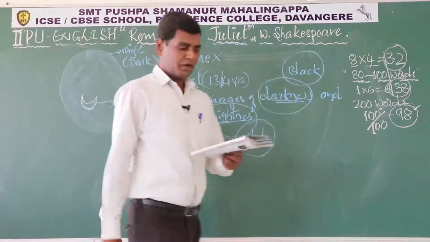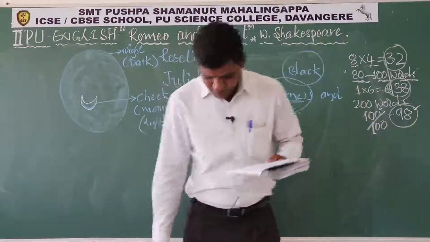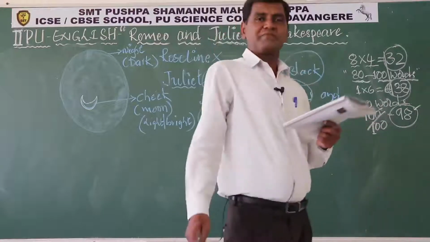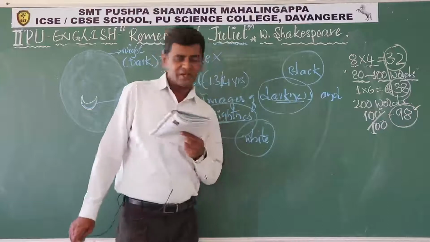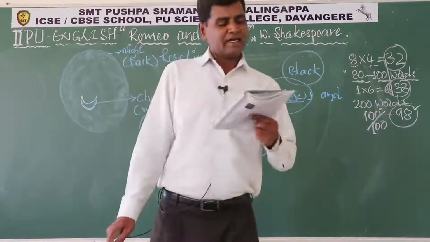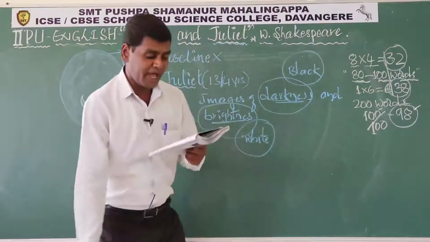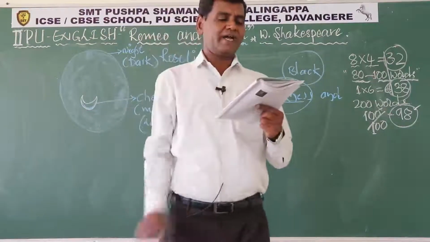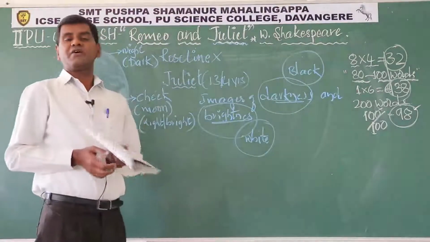Yes. Now, come to the third line here. Really very interesting and very meaningful and rich in literature and language function as such. It seems she hangs upon the cheek of night as a rich jewel in an Ethiop's ear.